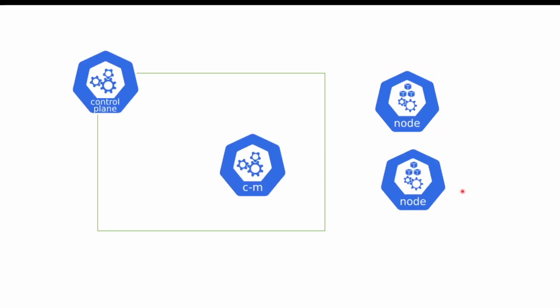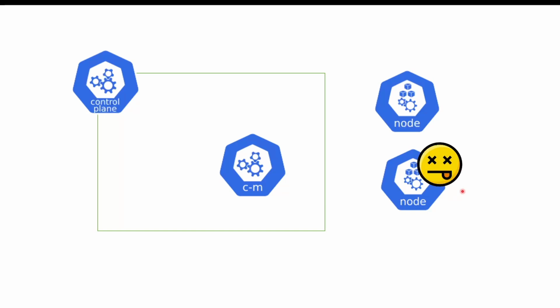Now, how does the controller manager work? In these slides, I'm trying to show you how each of these control plane components works. Let us consider a cluster with a control plane and two worker nodes, and how the node controller works.